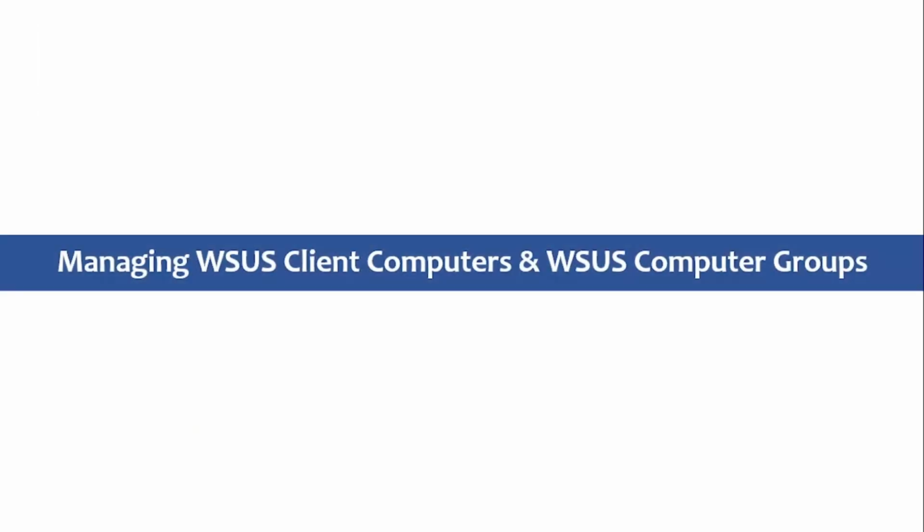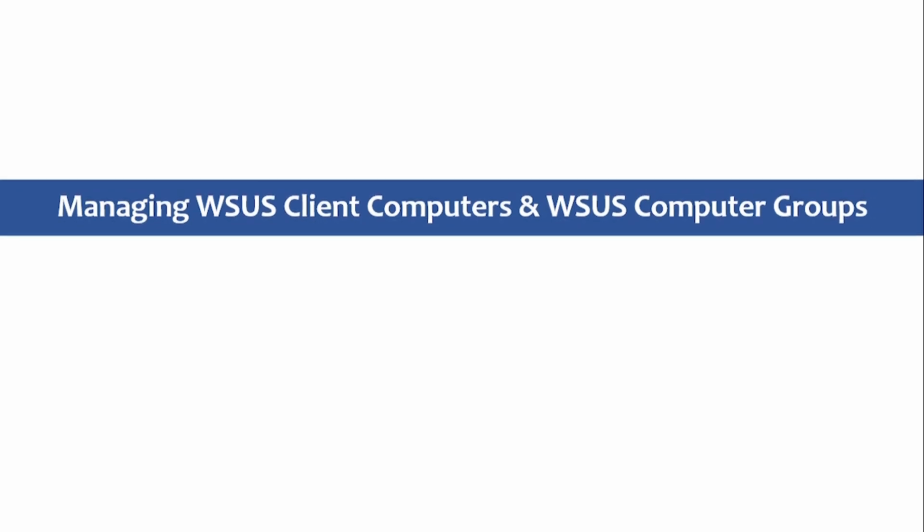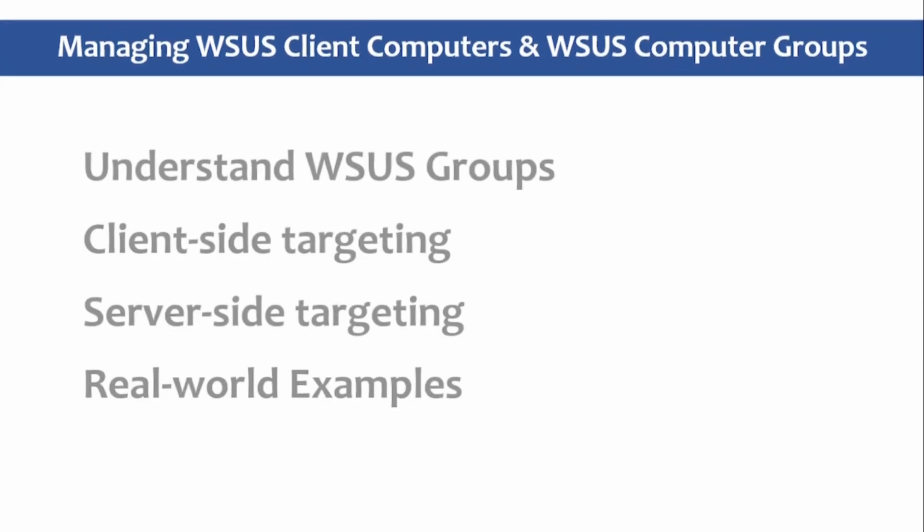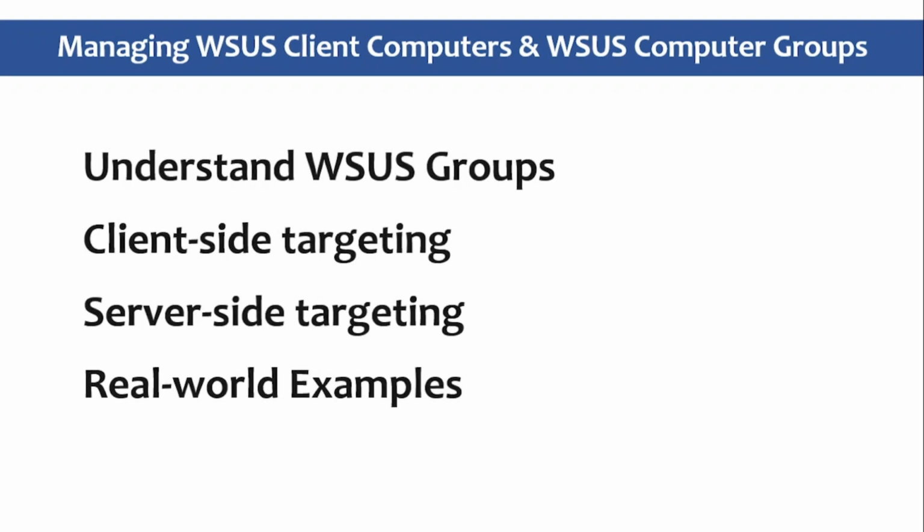Our next session would be very interesting. We'll be managing WSUS client computers and WSUS computer groups, and we'll understand WSUS groups, client side targeting, server side targeting, and we'll take some real life examples.